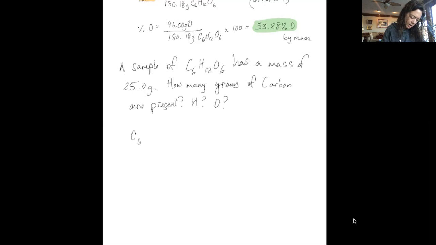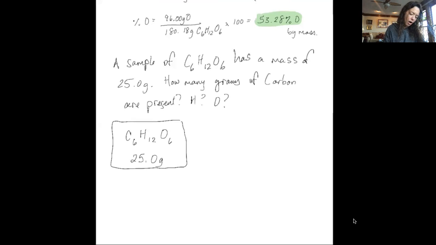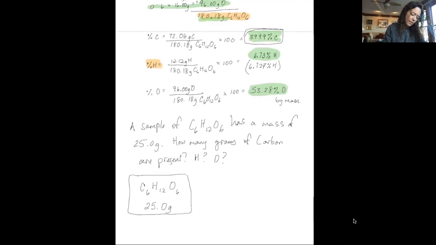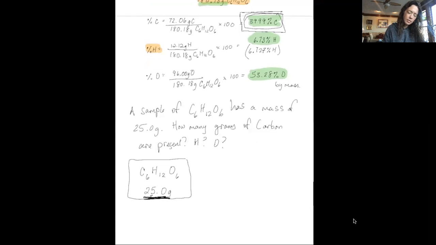I've got a sample of like sugar. All right, this sample weighs 25.0 grams. I have already determined that no matter what size or mass of the sample I have, 39.99% of that sample will be carbon.